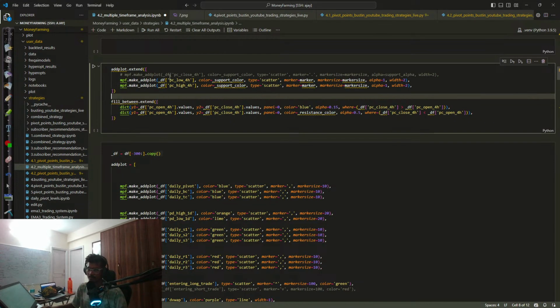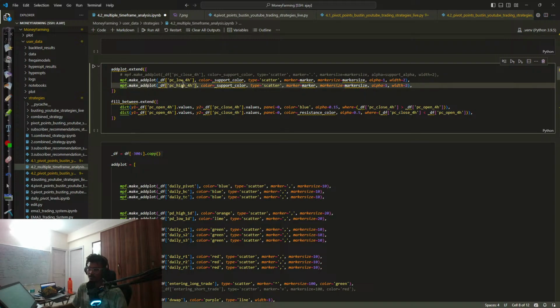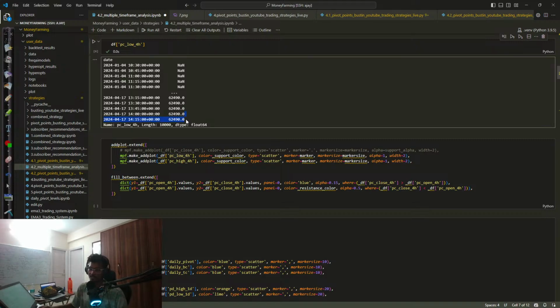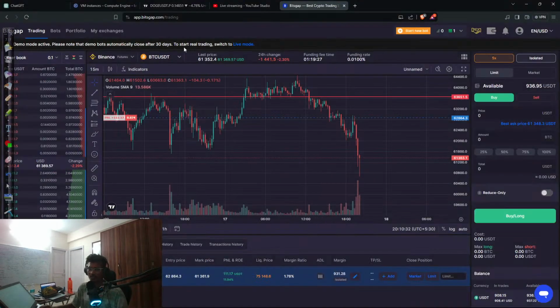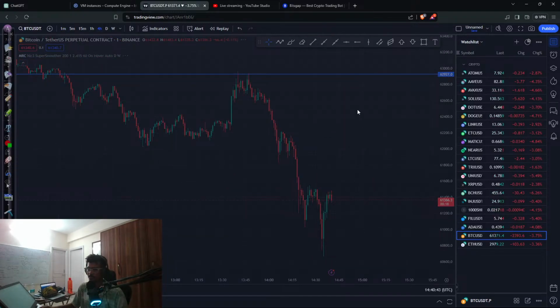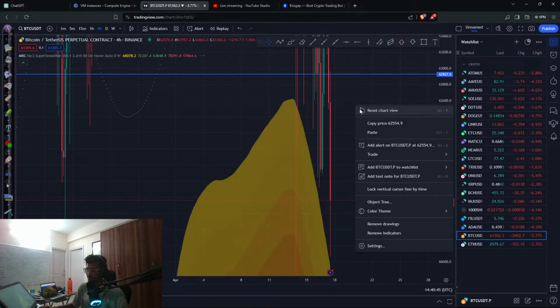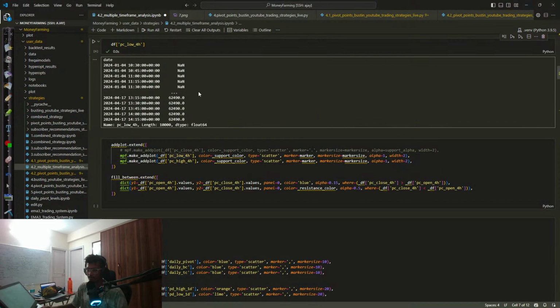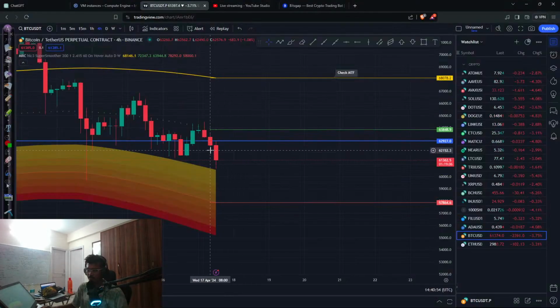See, previous day low, so if I type here previous candle low 4-hour, this is the data. You can see from previous candle 62,490. So if I go here, 4-hour chart, Binance future, the low of the previous 4-hour candle was 62,490. You see this? Can you see it?